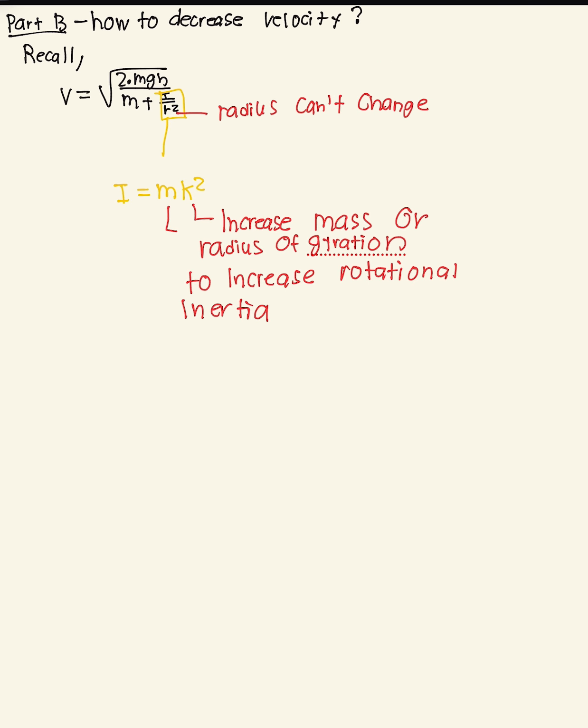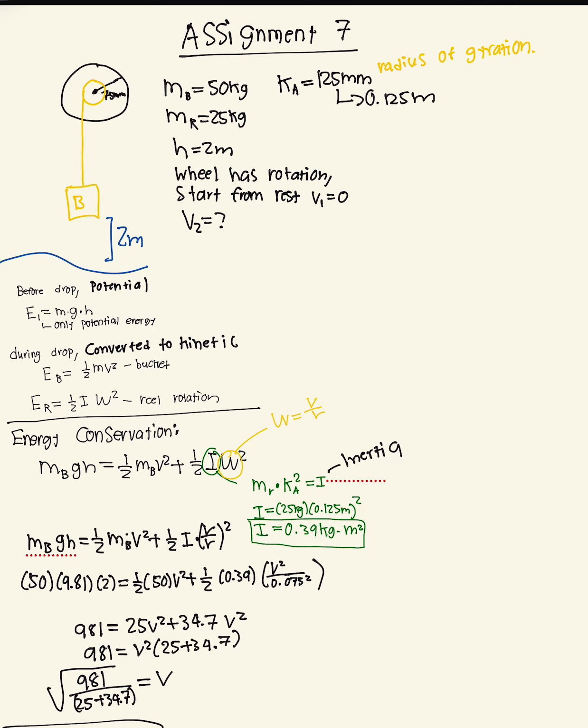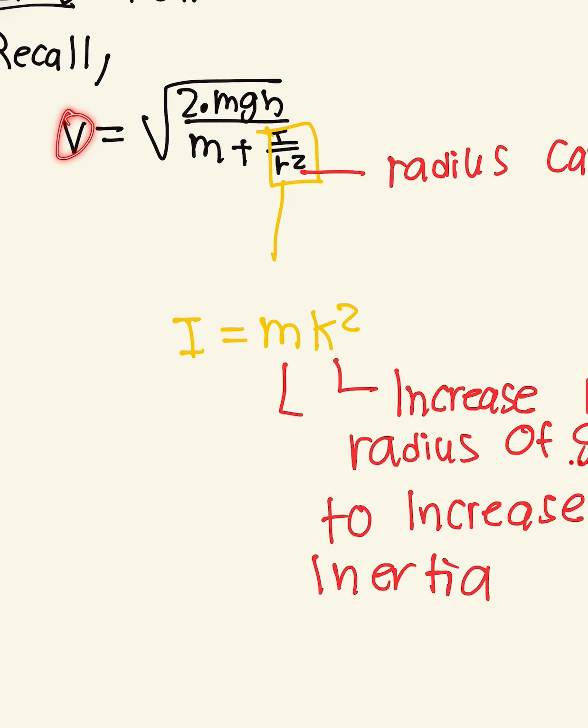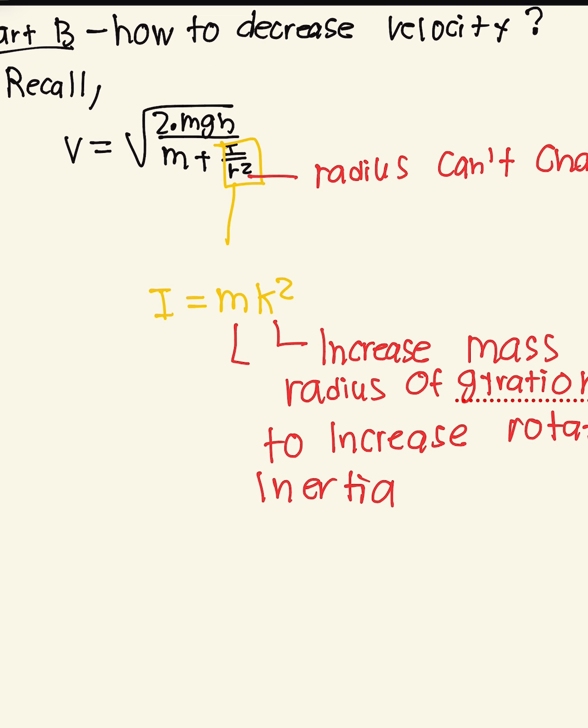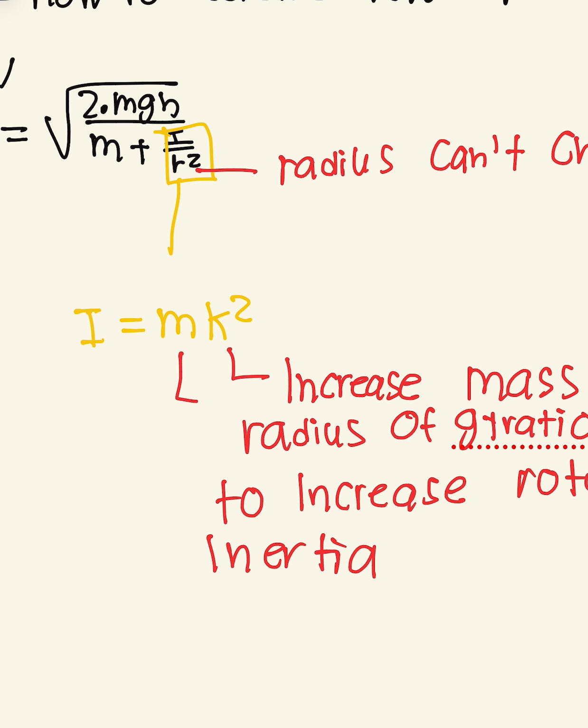The question also asks how we can decrease the velocity. Well, once we isolate for velocity here, we know that this is the approximate equation of this system for velocity. So to decrease the velocity, we first have to break this equation down.